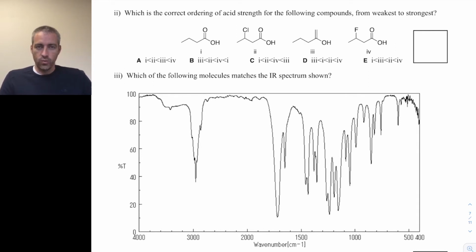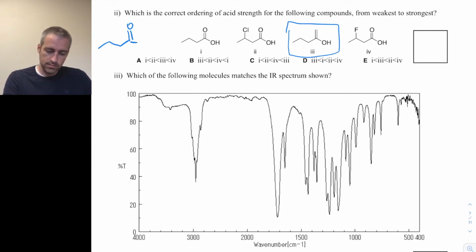All of these, when they lose H+, will make an anion that's resonance stabilized, although 3 is going to be the worst of them because the resonance form for 3 is going to have this in resonance with CH2, negative O. You can see that half clearly here.